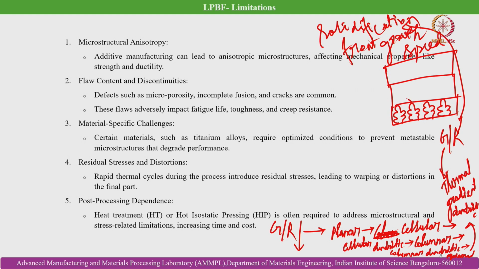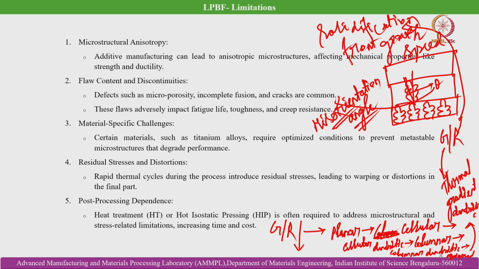So, in the subsequent layer, the angle between the growth direction of the crystals and the direction of thermal gradient, or the heat flow direction, this angle theta is called the misorientation angle. Okay. So, as the misorientation angle decreases, the microstructure goes towards a single crystal microstructure. That is also possible to be manufactured by additive manufacturing, but we will talk about that later.